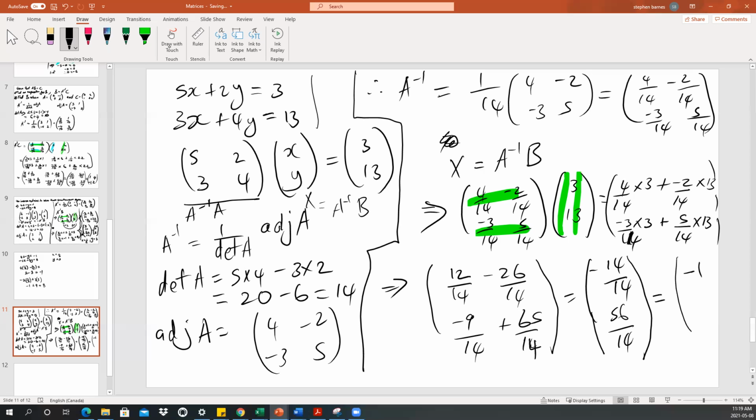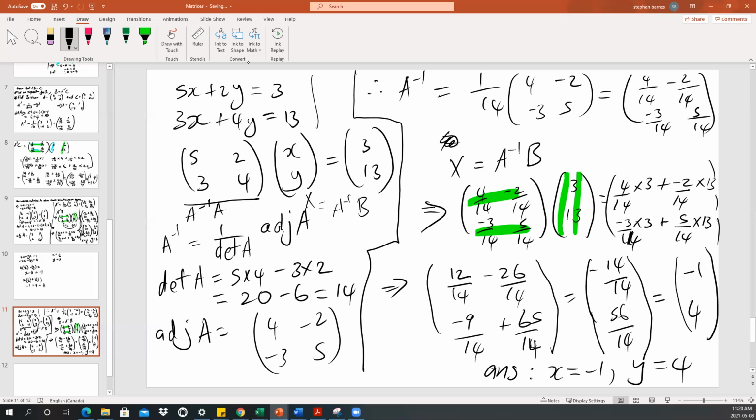And the other is 4 times 14, 56, so this is 4. Good. And that is your final answer. So X is equal to minus 1, y equal to 4.